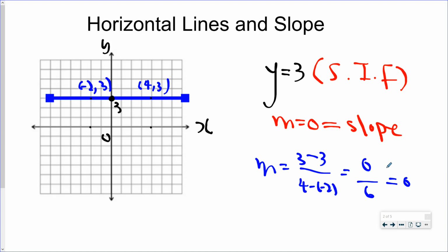You can use the slope-intercept form, or you can use the slope equation itself, or just remember this: if a line is horizontal, then the slope is equal to 0. That's the first special case, and we'll get to the other very soon. So horizontal line, slope equal to 0.